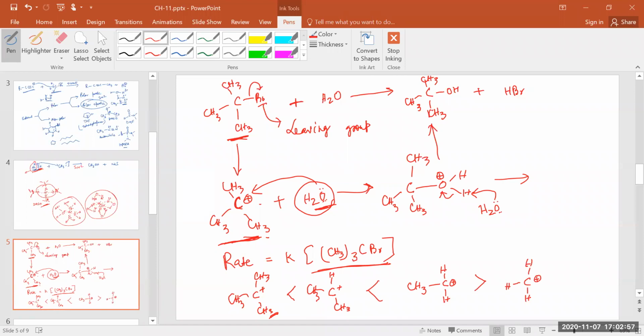So this is the stability order. The carbocations are stable because of hyperconjugation.